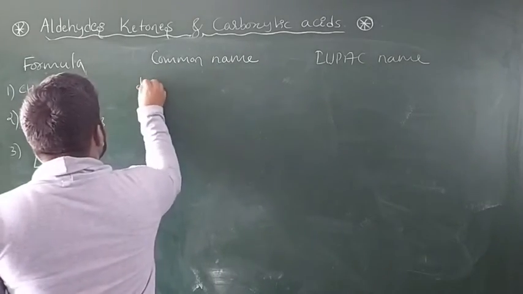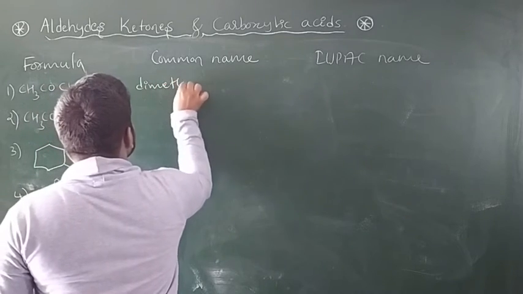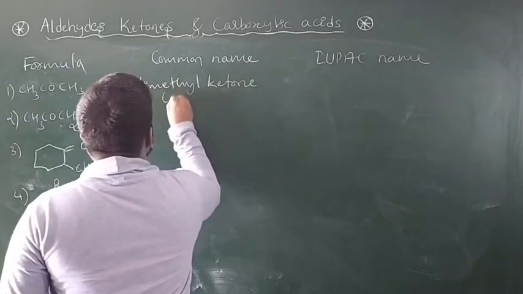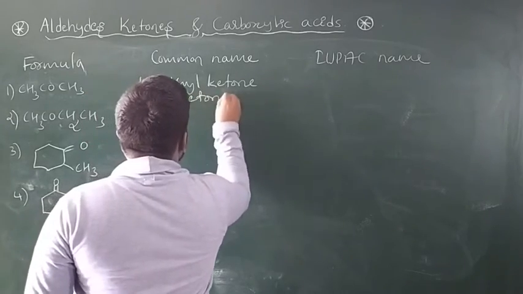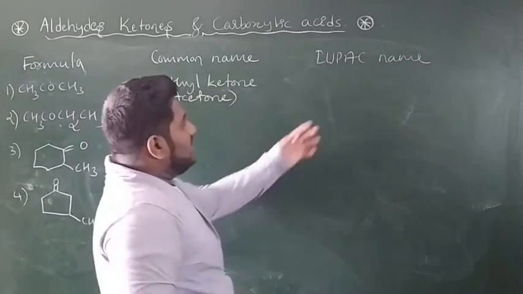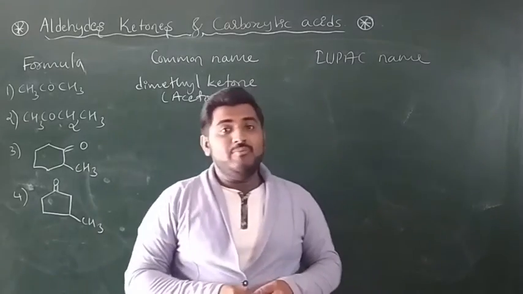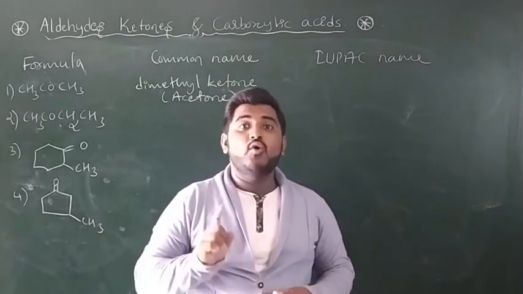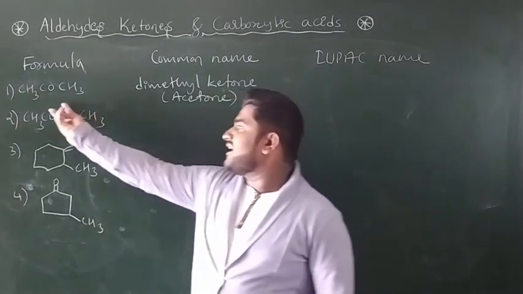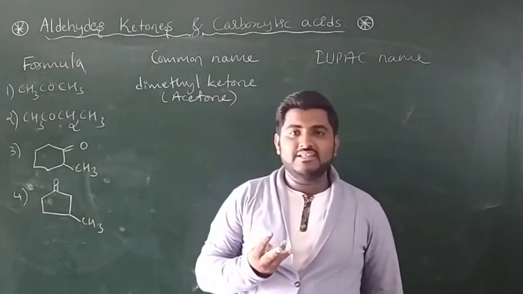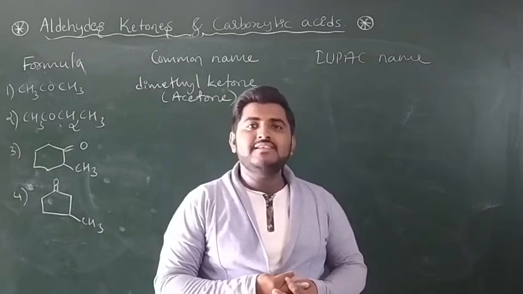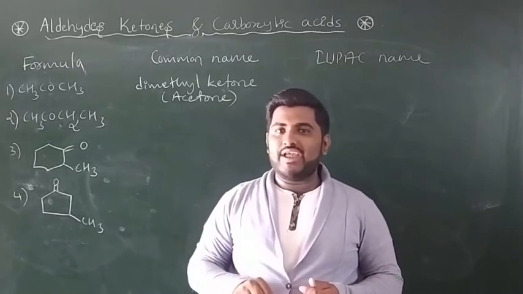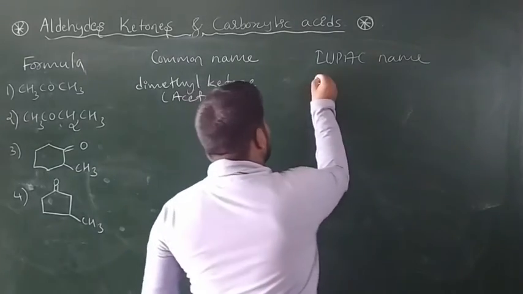Next, IUPAC names are derived by replacing the E of the alkane by ONE. How many carbon atoms are there? 3 carbon atoms. So what is the parent alkane, guys? Propane is the parent alkane. E is replaced by ONE. So what is the name? Propanone.